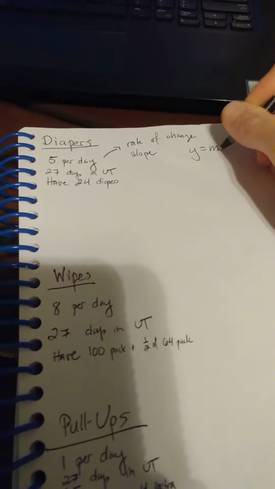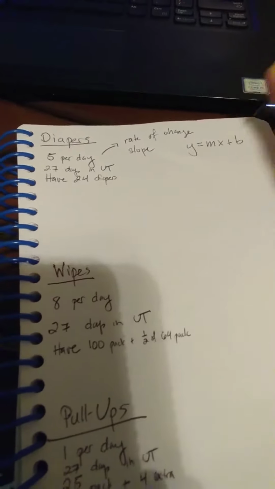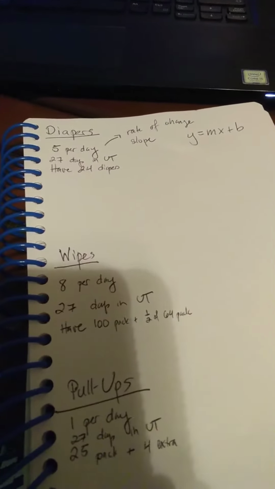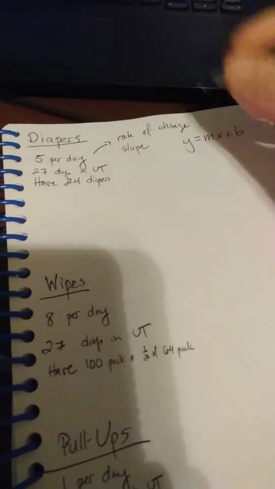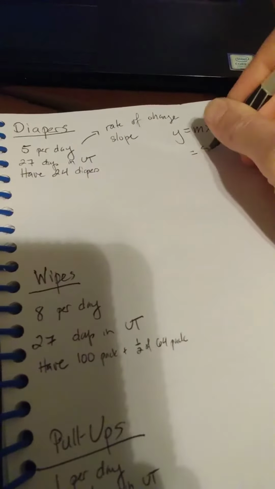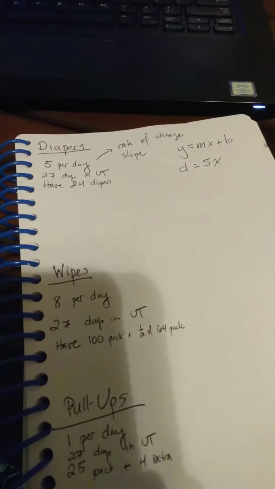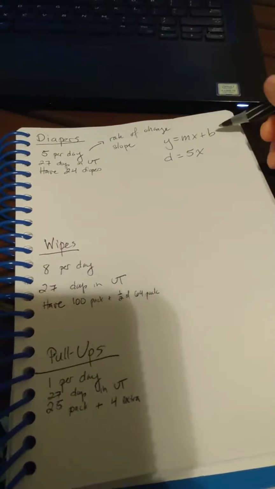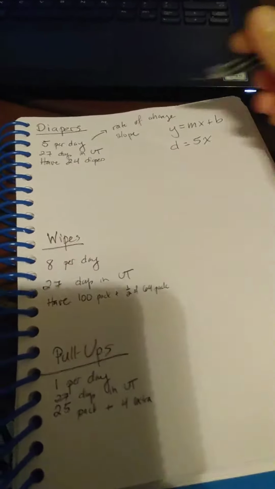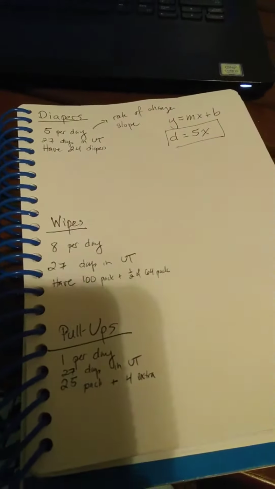So y equals mx plus b. In this case, 5 is going to be our slope. And we said d is our number of diapers. And then we don't have any extra diapers per day. We're just worrying about this. So that is our function that we're looking for.